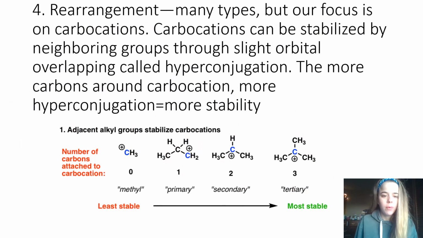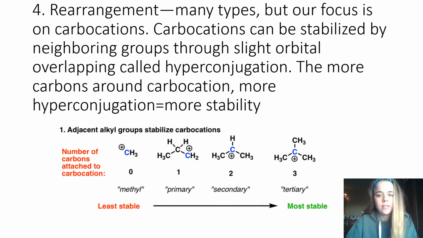Right, so the fourth way electron movement can be shown is through rearrangement. Now there are many types of rearrangements that can be shown, but we're just going to keep our focus on carbocations. And again, carbocations, as we saw before, are ions with a positively charged nucleus.